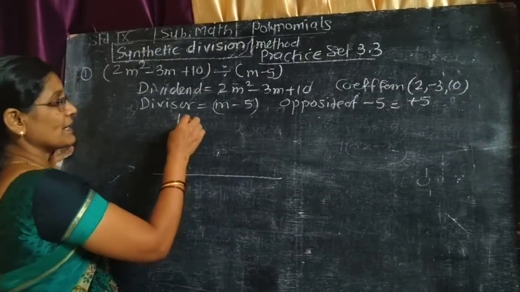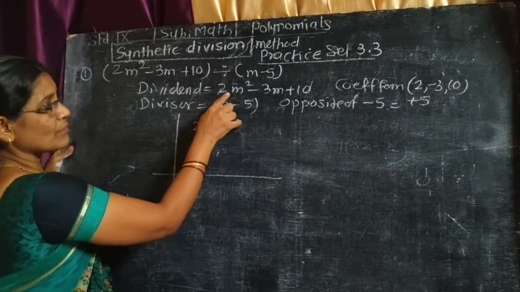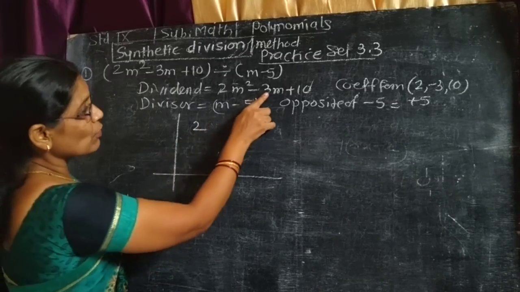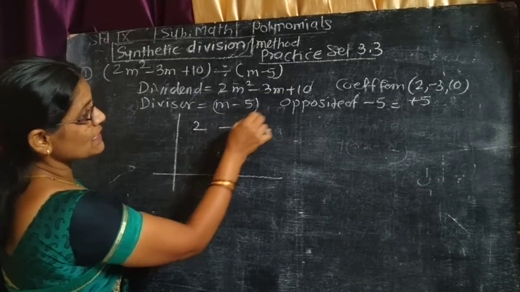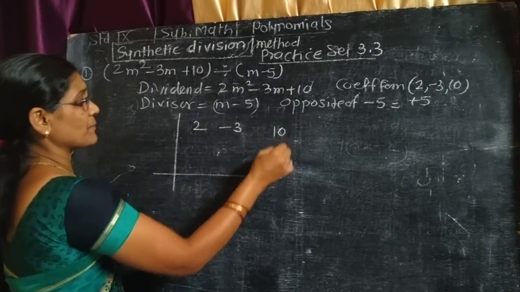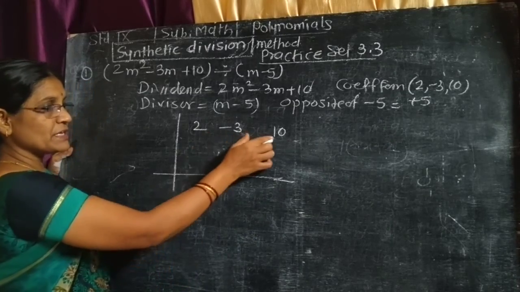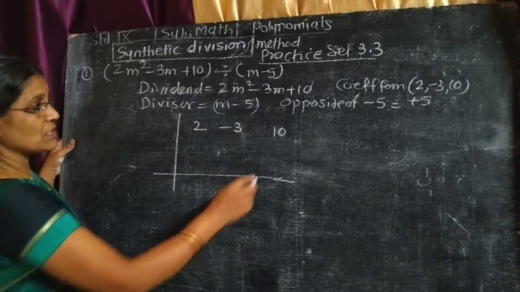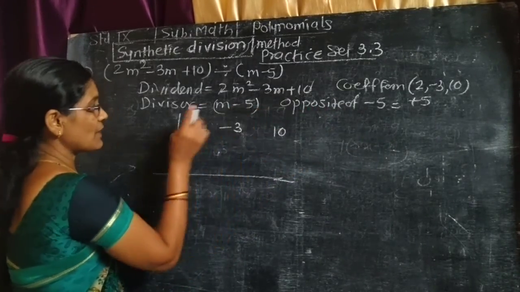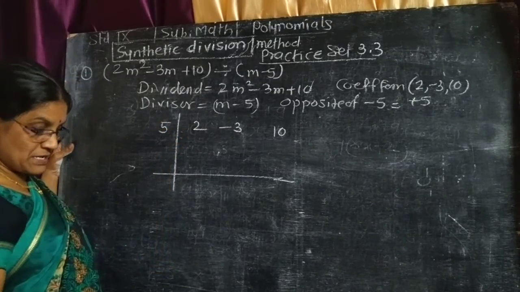Or you may directly write here 2 as the coefficient of m square, the coefficient of m is minus 3, and this 10, leaving some space between the numbers. The opposite of minus 5 is 5, write down that 5 here.